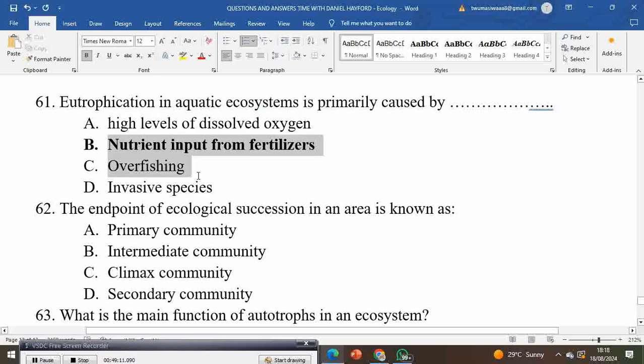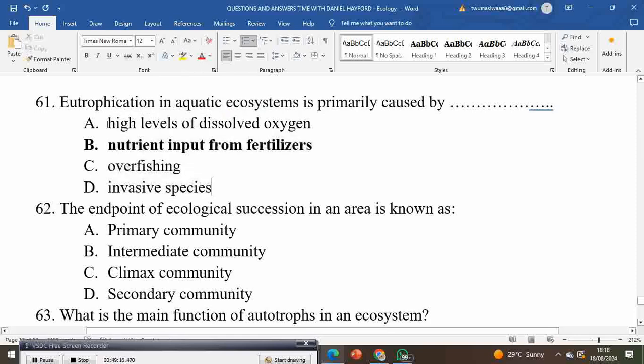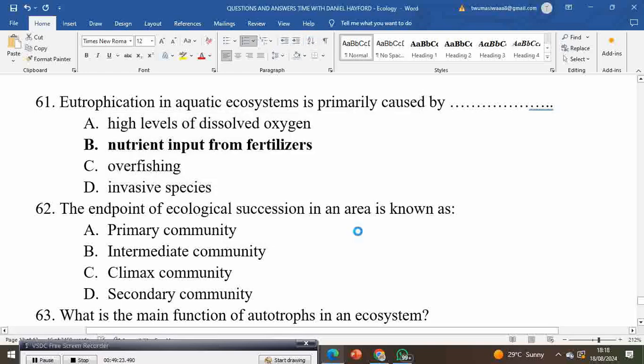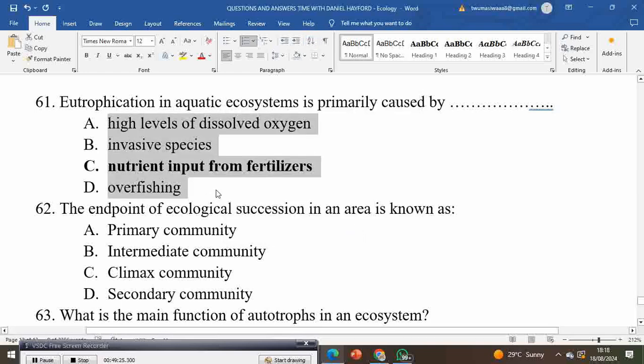I think we can do it just once by highlighting all of them and choosing lower cases. And then our next step should be to arrange them in alphabetical order. So it means that your best shot has now become C. Eutrophication in aquatic ecosystem is primarily caused by nutrient input from fertilizers. C.